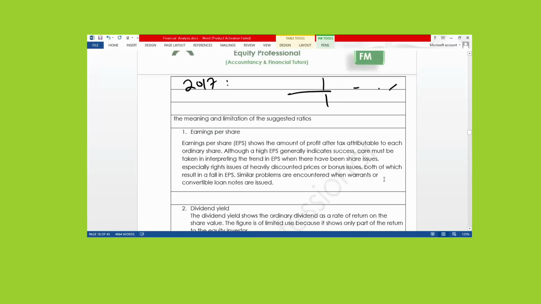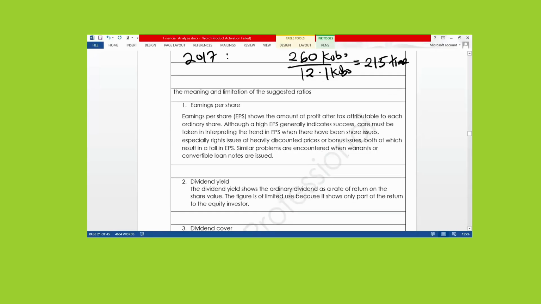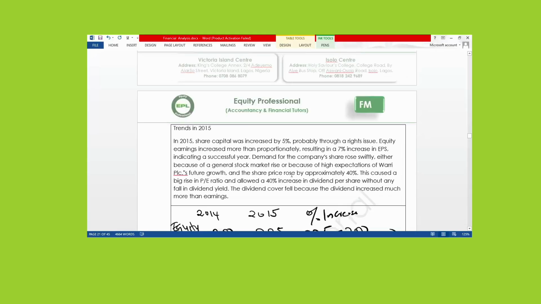Look at it. Because of high expectation of Warri's future growth, the share price increased by approximately 40%. You can reconfirm it: 220 to 305. What is the increase in share price? Approximately 40%.